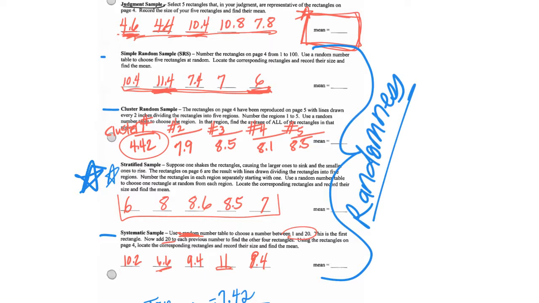We didn't want to leave it to chance. We didn't want to leave it to just simple random sampling, that it would get a good representation of all the shapes. So we wanted to control that so that we made sure we got a small one and a medium one and a large one and so on. All right, so that's what makes these sampling methods valid.